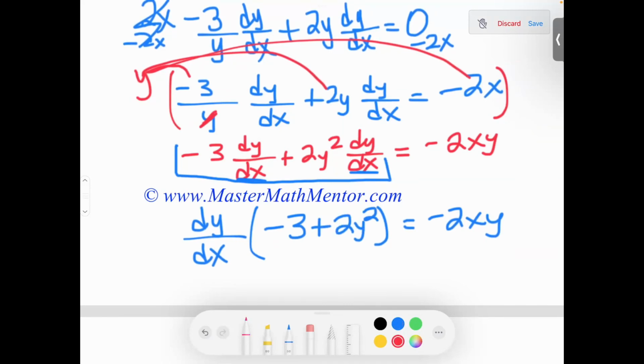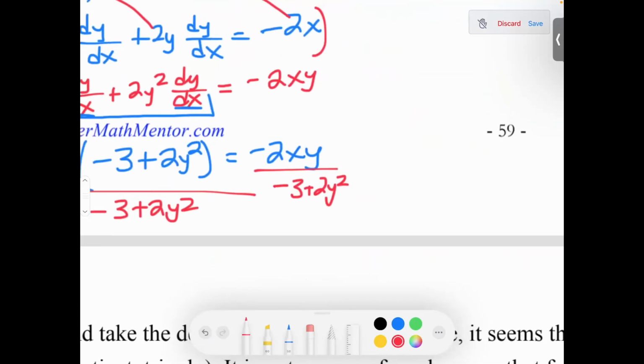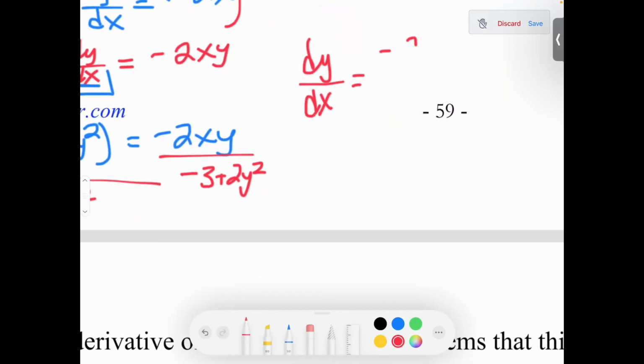And now that we factored it out, we can divide everything by that negative 3 plus 2y squared on both sides. And we end up with our final answer. dy/dx is equivalent to negative 2xy on top, and in the denominator, negative 3 plus 2y squared.